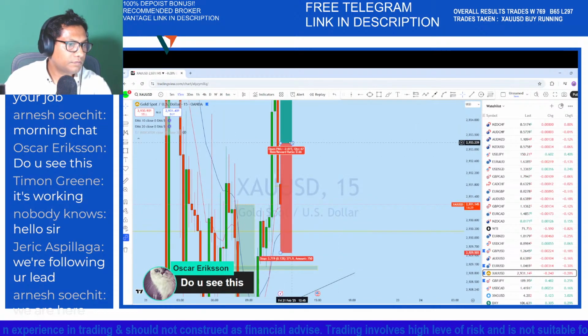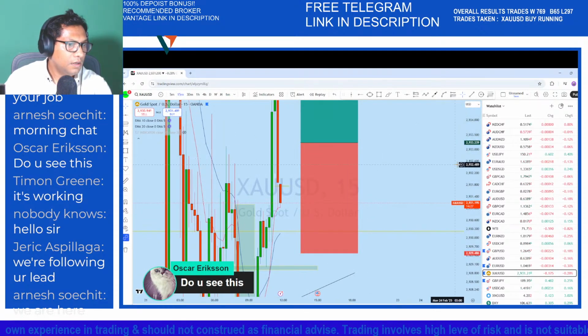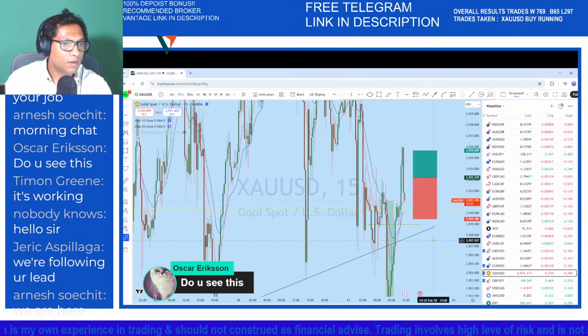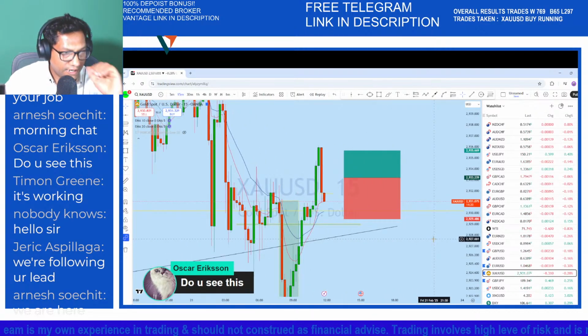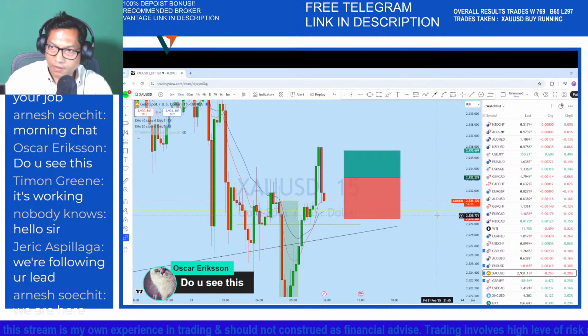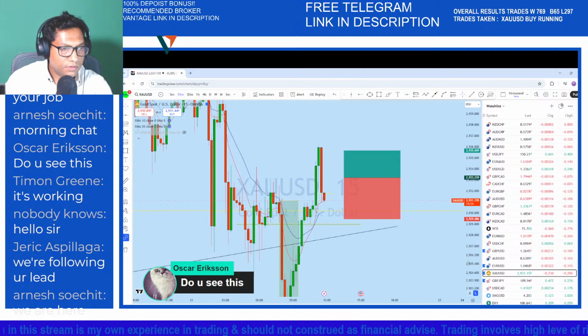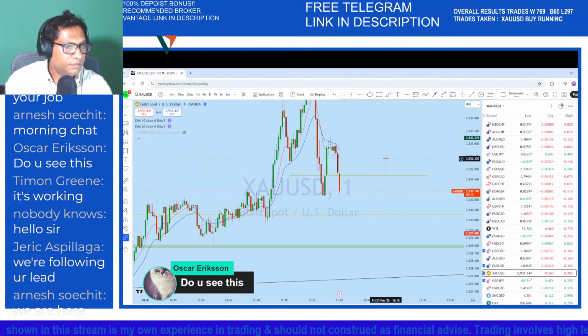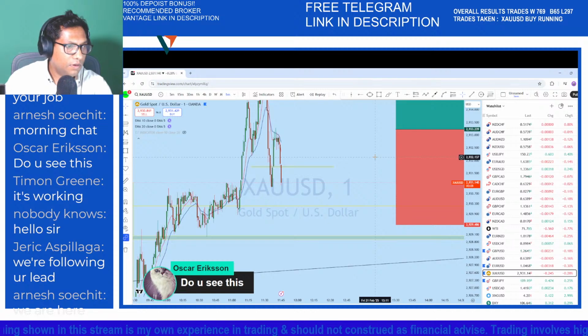And the 15 minute candle closed with a long red candle. Now this is also a gap on the top.